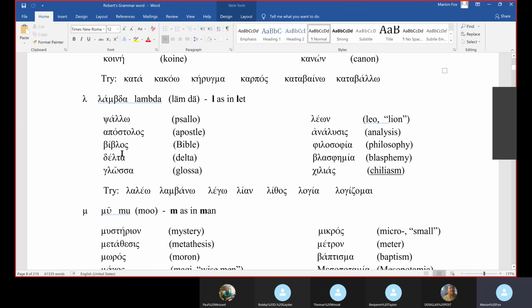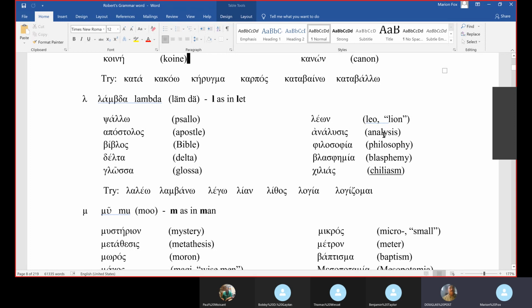And delta. And that's the word delta. That's the name of one of the letters. Glossa, tongue. Leon, that's a lion. Analusis, and luo is to loose.